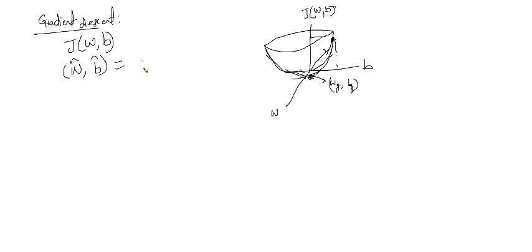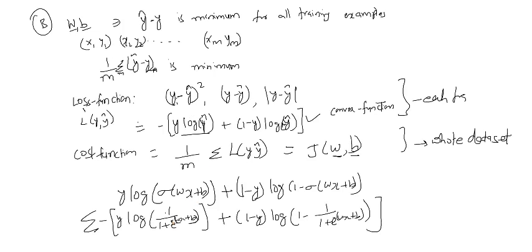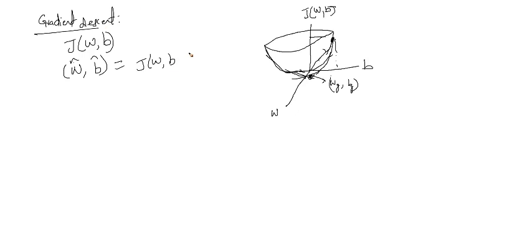Then you can compute J of w comma b using the formula that we have just seen. You just substitute w and b, you get some value that is our cost function, and then you can move along this surface and try to identify this w and b.